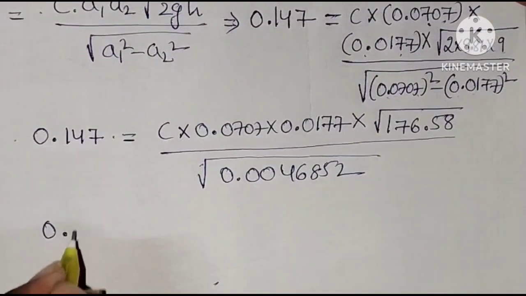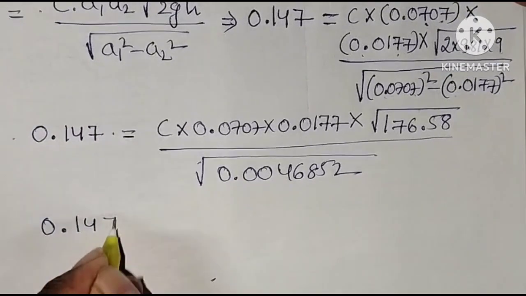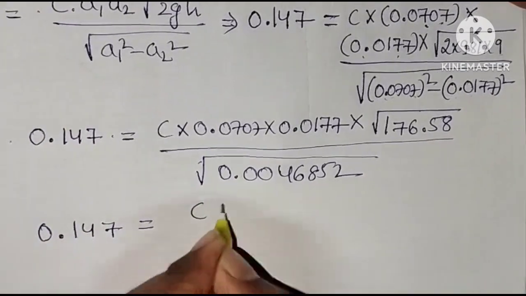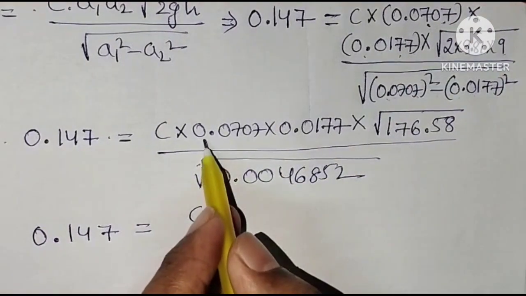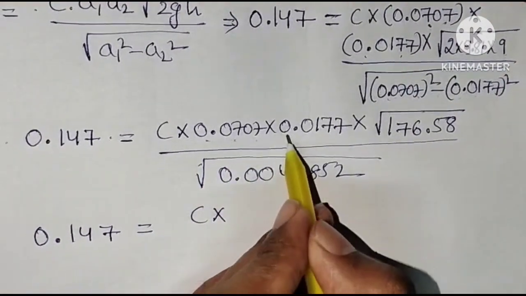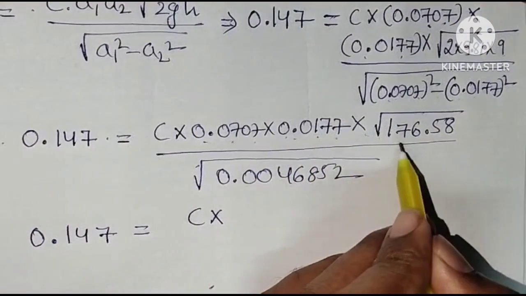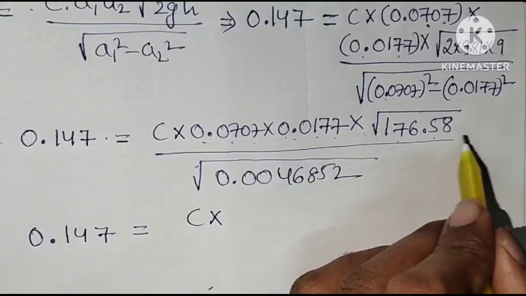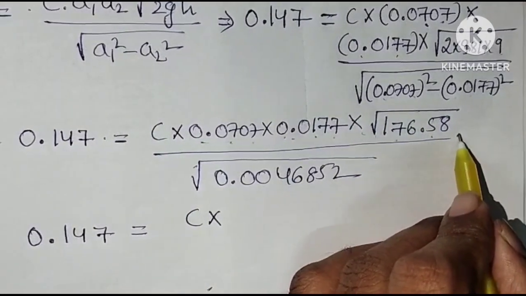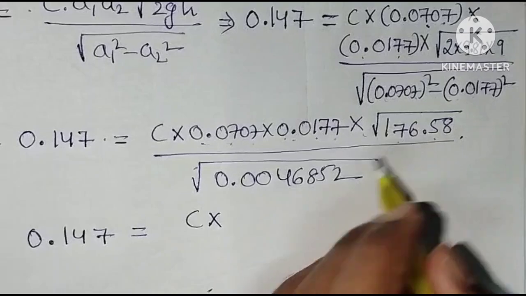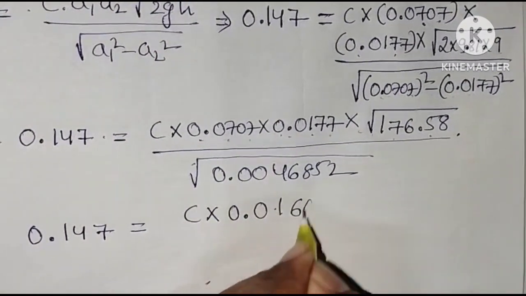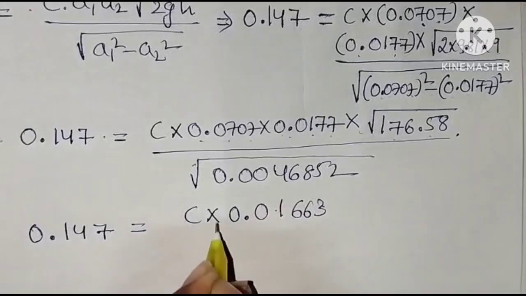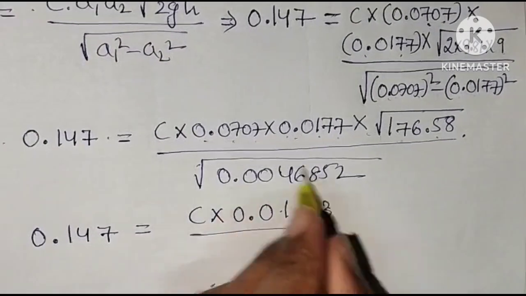So 0.147 is equal to C into, if you calculate 0.0707 into 0.0177 into root over 176.58, you will get 0.01663, whole divided by root over this.